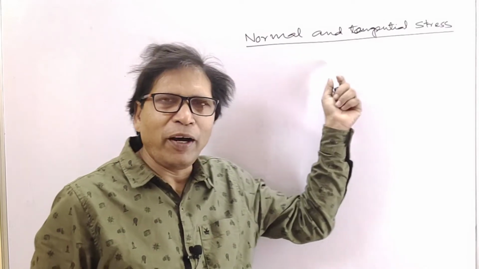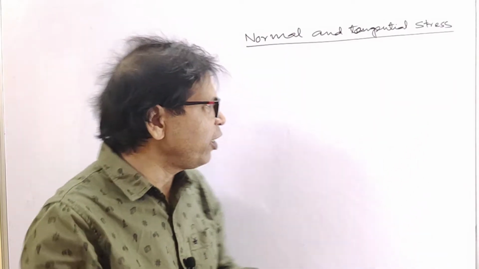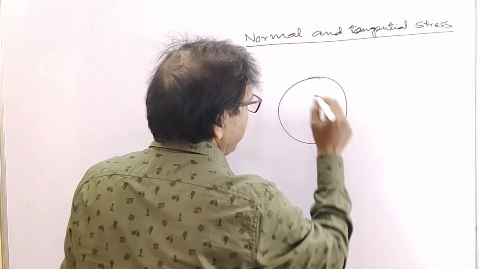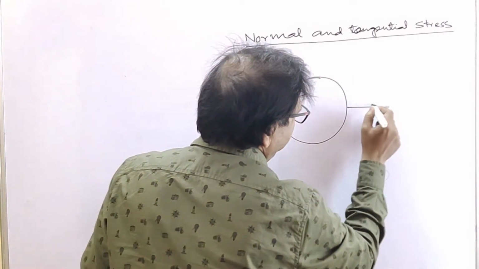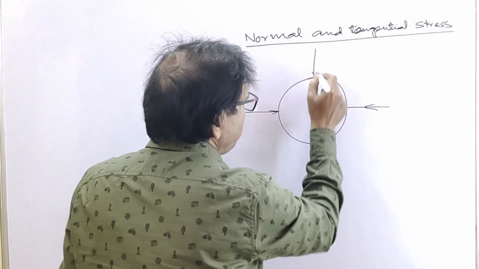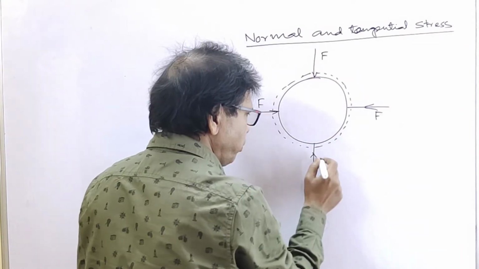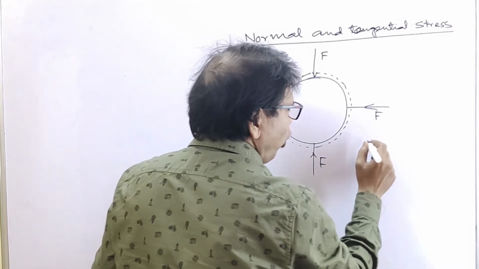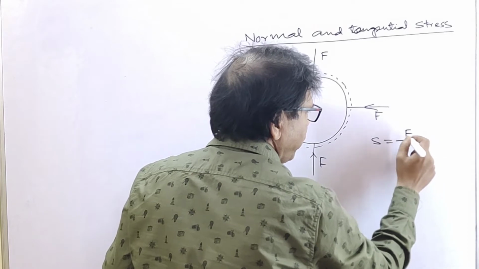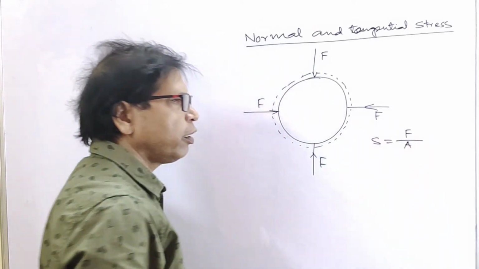Okay? Now normal and tangential stress. Look at this. Suppose this is a sphere. If a normal balanced force acts on this, and this balanced force is F, then the normal stress S is equal to F divided by area of cross section.